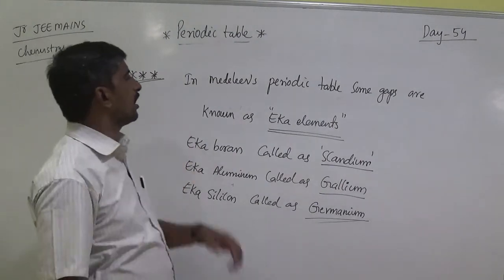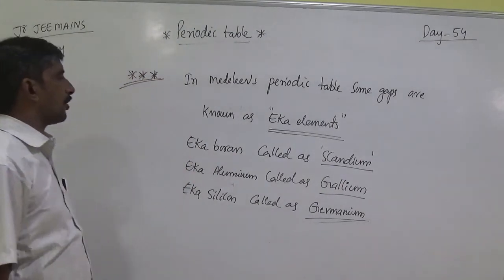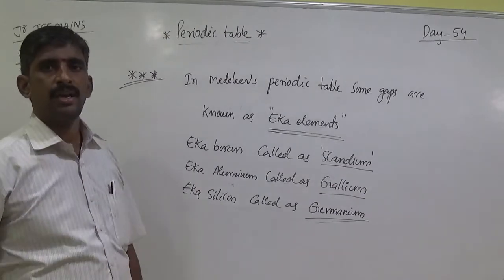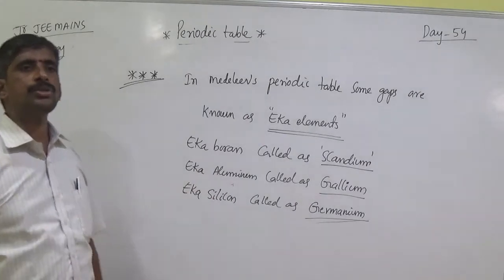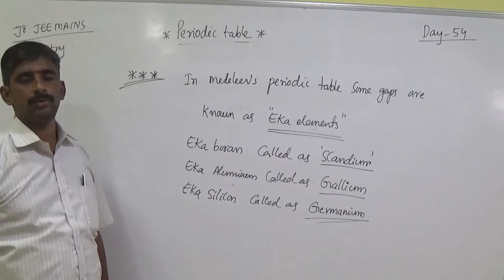So these are Eka elements. In the Mendeleev periodic table, some gaps are known as Eka elements: Eka boron, scandium; Eka aluminium, gallium; Eka silicon, germanium. So these are the Mendeleev periodic table.